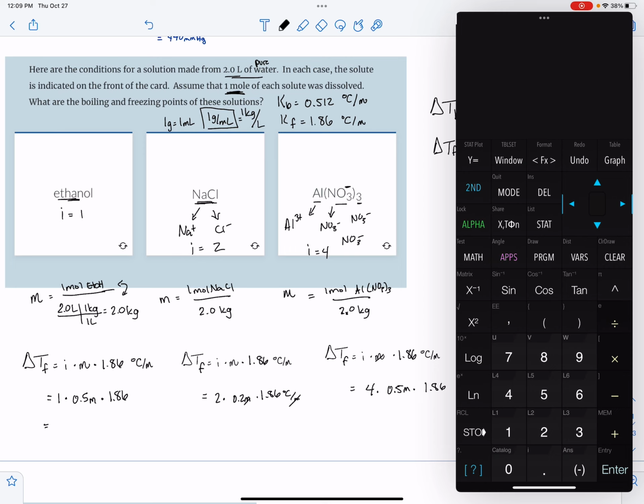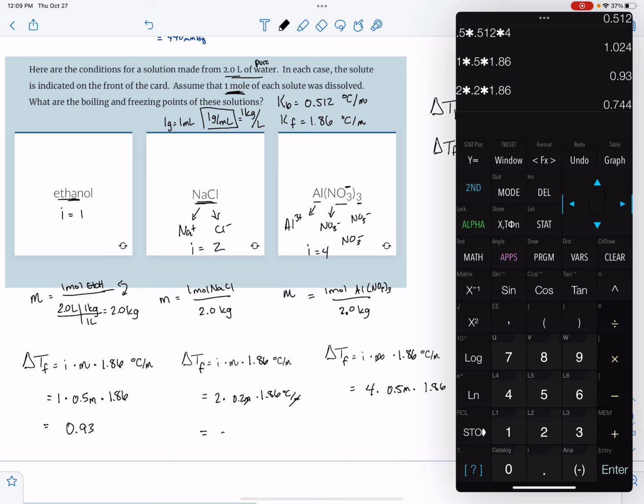There we go. 1 times, there, now you can see it's on. 0.5 times 1.86. And so that gives me 0.93. And then this is 2 times 0.2 times 1.86.